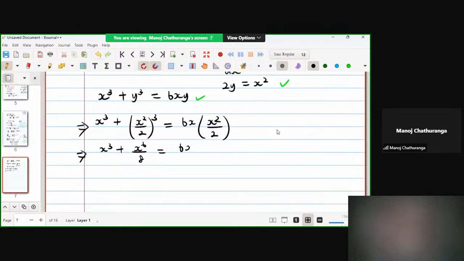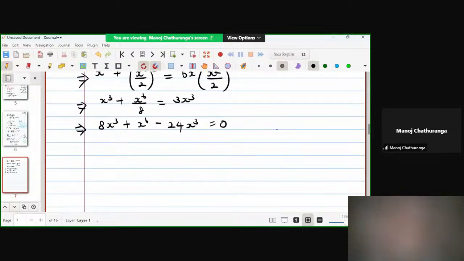3 x to the third. Multiply everything by 8. Factor x cubed: x cubed times (x cubed minus 24 plus 8, that is, minus 16).